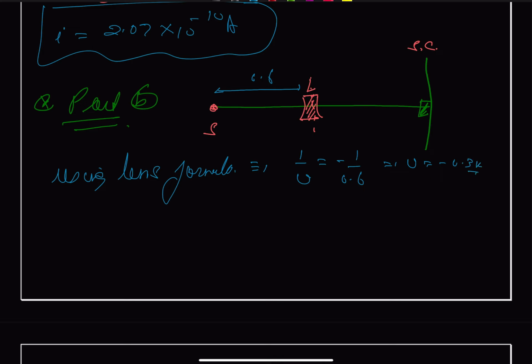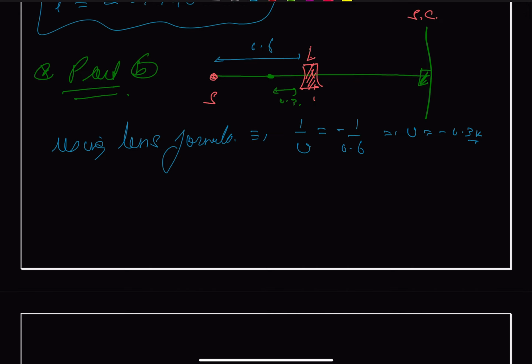So there will be formation of the image here, and its distance is 0.3 meters. Let us call this S prime. So our S prime to the screen will be at a distance of 5.7 meters.